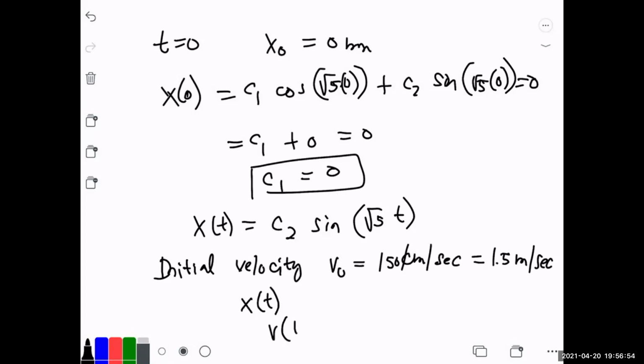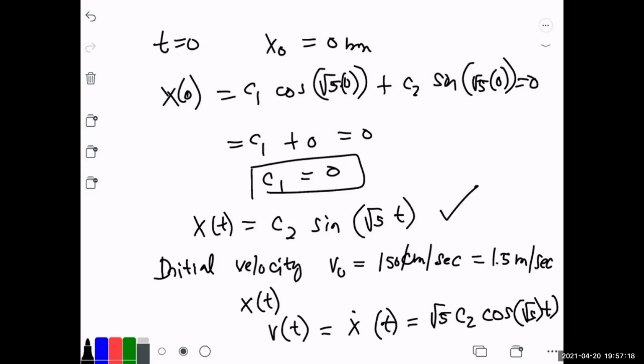So v of t would be x dot of t, the differential of x of t, which is equal to velocity. So let's differentiate this. So this would become square root of 5 c sub 2 cosine of square root of 5t, right?